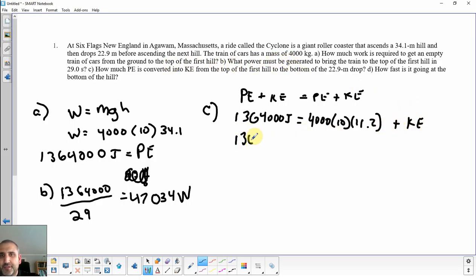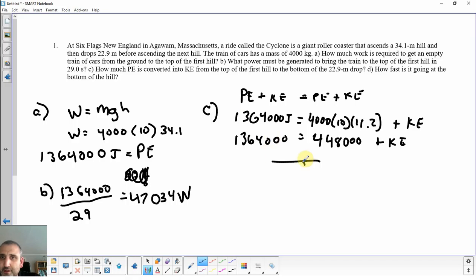So 1,364,000 equals 4,000 times 10 times 11.2. I'm going to do this on my calculator. 448,000 joules, plus KE. So how do we solve for KE? 1,364,000 minus 448,000.